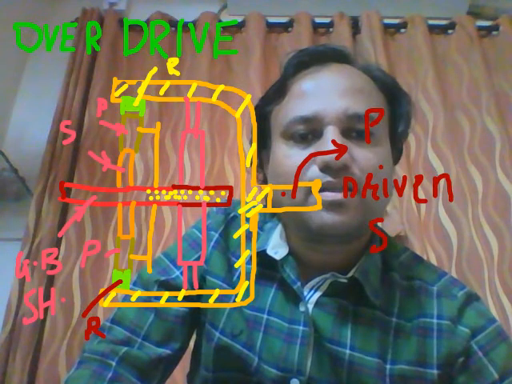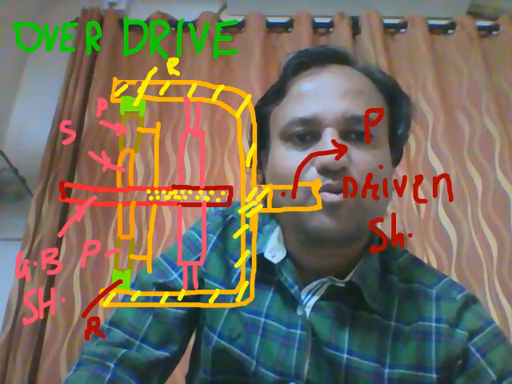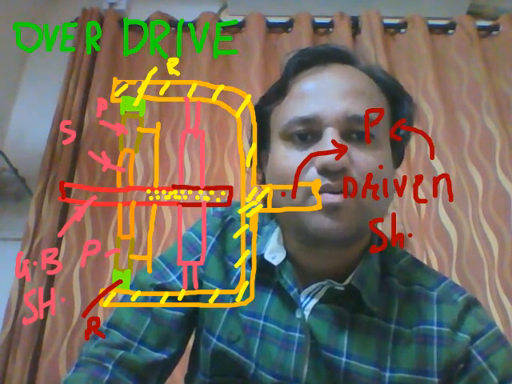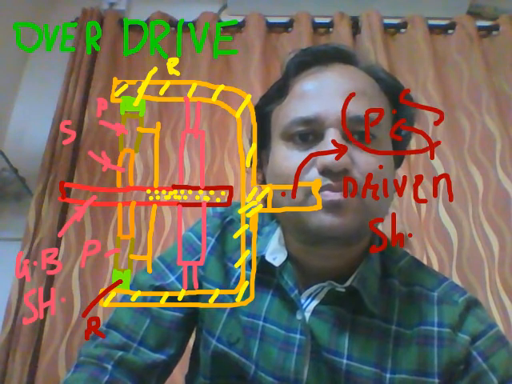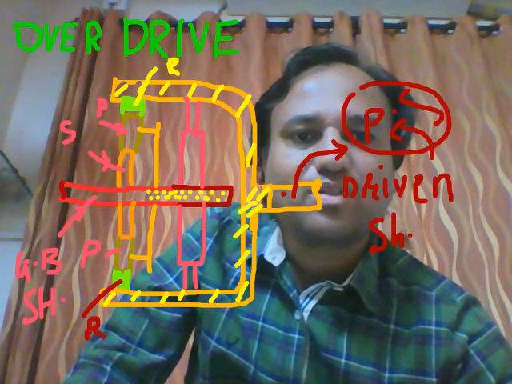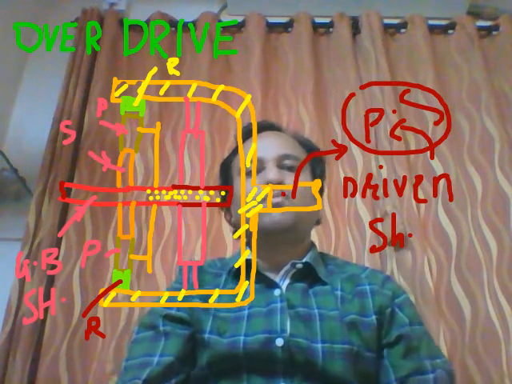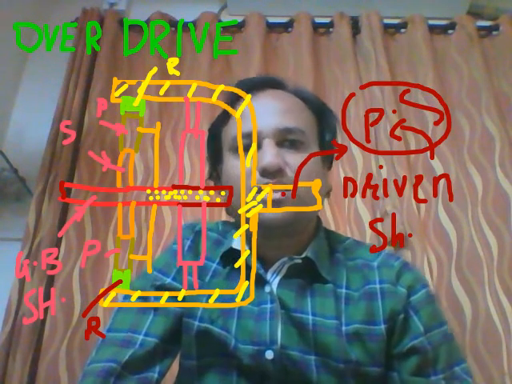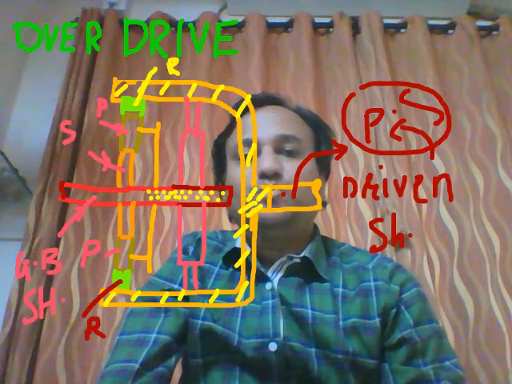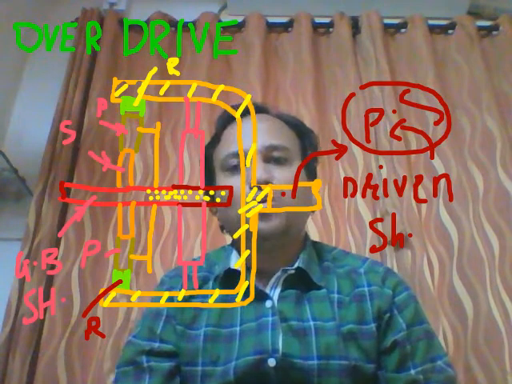This driven shaft of overdrive is connected to the propeller shaft. Let PS be the propeller shaft. So this driven shaft is connected to the propeller shaft via universal joint. Now the function of overdrive.